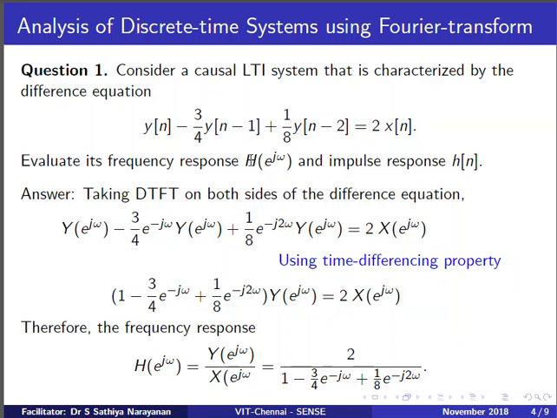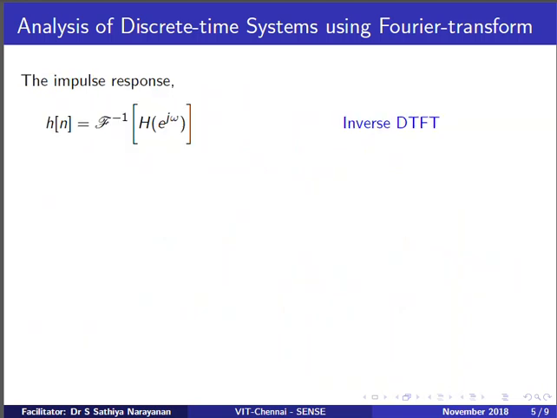And on the other hand, if you take the inverse DTFT of capital H of e raised to the power j omega, you will get h of n. So here we need the impulse response small h of n, and we have already found capital H of e power j omega. So it's straightforward. The impulse response h of n is equal to the inverse DTFT.